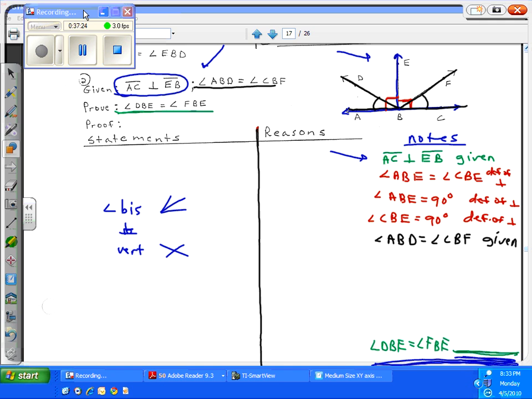Vertical angles are equal. Angle bisector looks like that. Perpendicular lines look like a T. Vertical angles are angles opposite each other when two lines intersect. Then all those properties of equality: addition, subtraction, multiplication, division, transitive, symmetric, substitution.